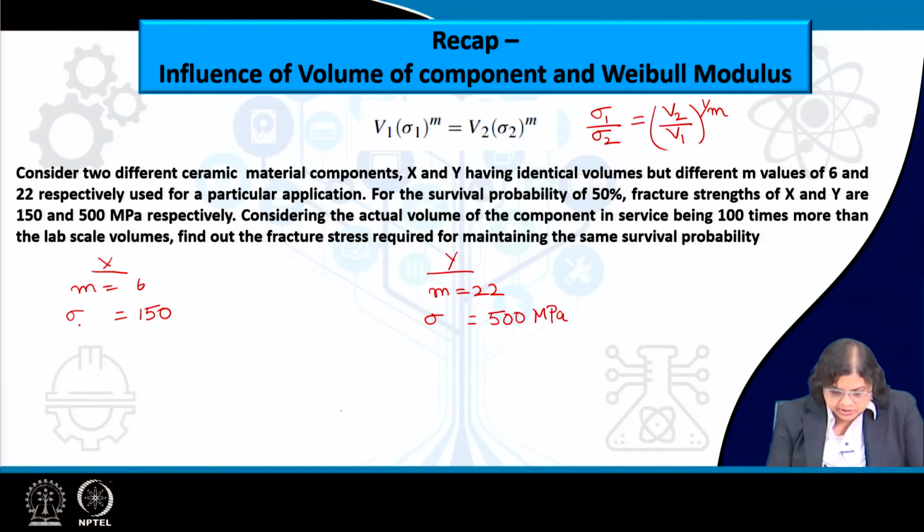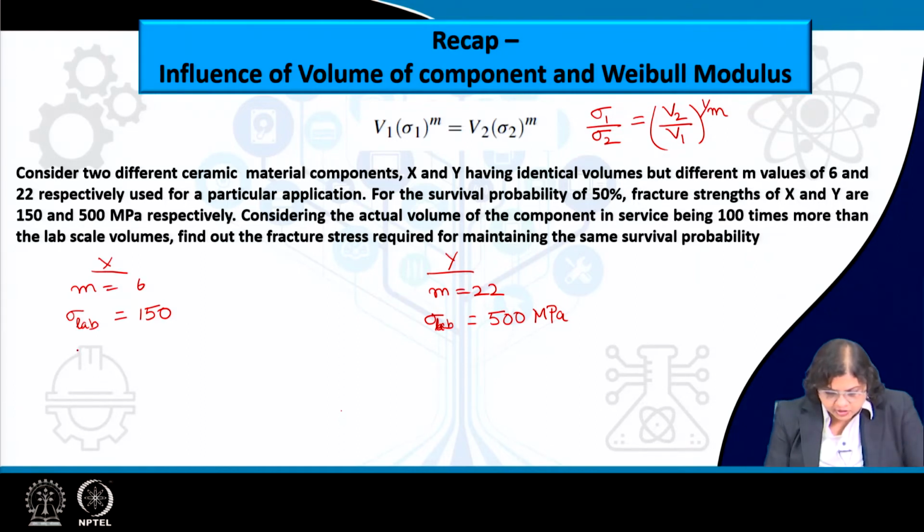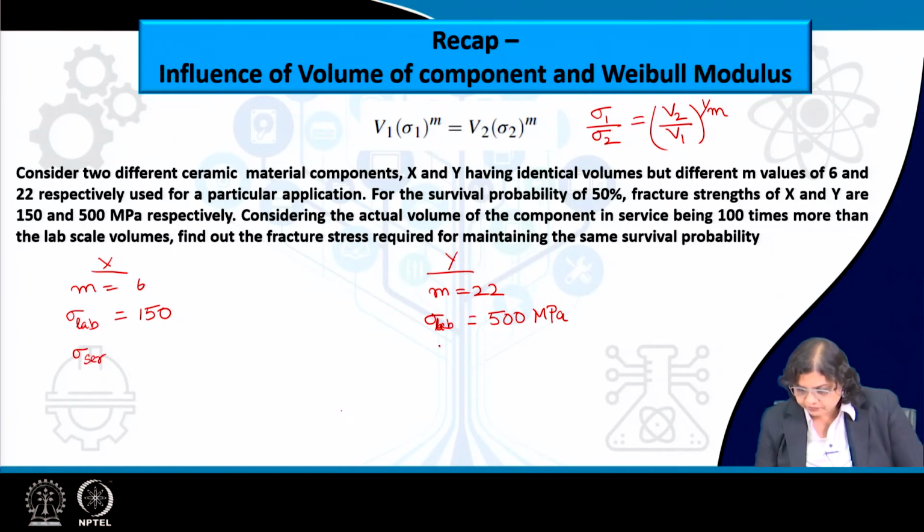So, let us name this as sigma lab from the lab scale testing as 150 and 500 for component x and y, and what we need to find out is the service strength. Okay.